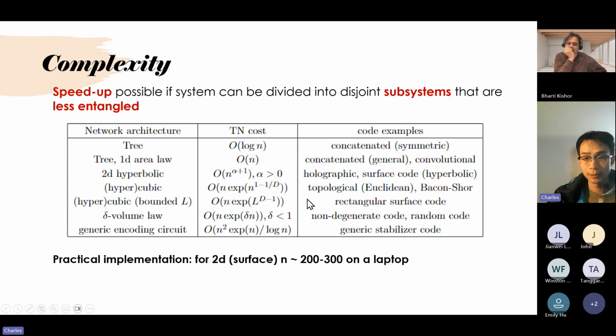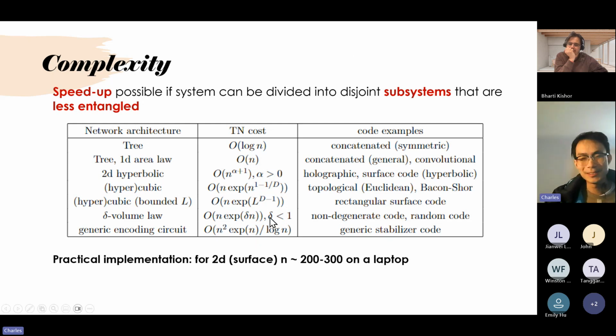And for these Euclidean lattices, like the surface code, it's going to be sub-exponential in the number of qubits. And then, of course, for general codes, you expect it to be just exponential in the number of qubits because we can't solve an NP-hard problem in polynomial time.